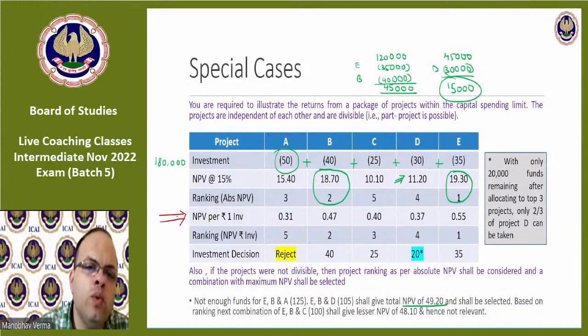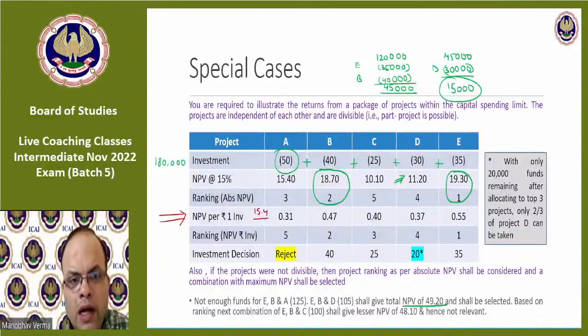So what did I do? I take the absolute NPV, that is 15.4, and divide by 50. So I get 0.31. Similarly, I'm doing 18.7 divided by 40. I get 0.47. Now, as I did that, my rank slightly changed.